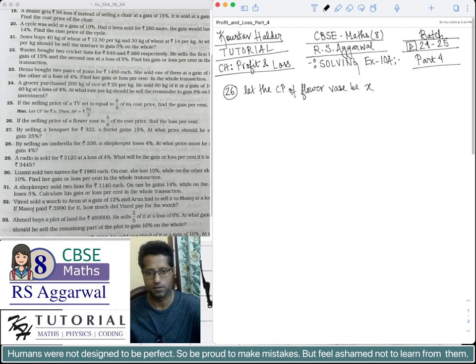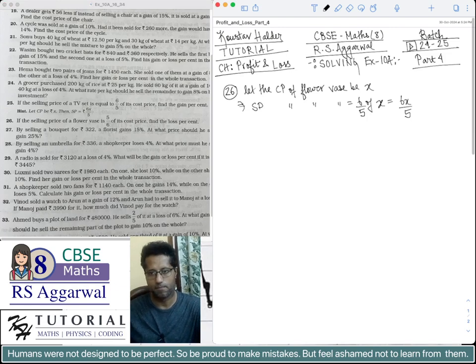Then it is given that the selling price is 5 by 6 of its cost price. So this implies the selling price of the flower vase is equal to 6 by 5 of X, which is 6x by 5. Okay, now it is asking to find the loss percent.